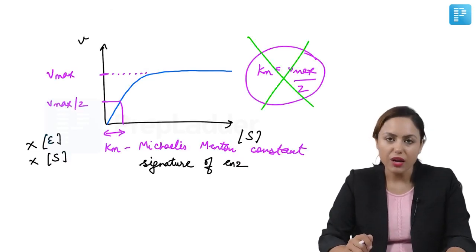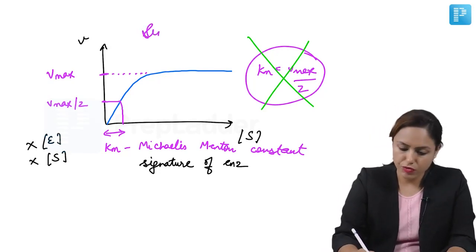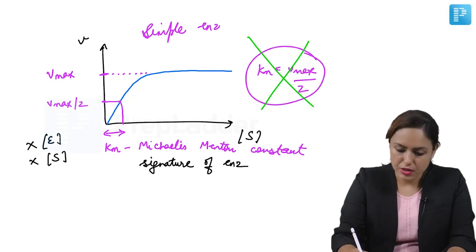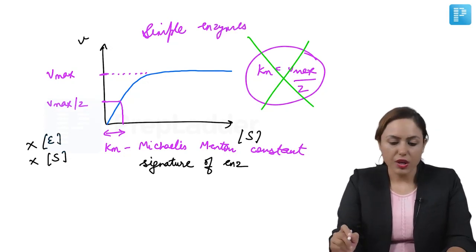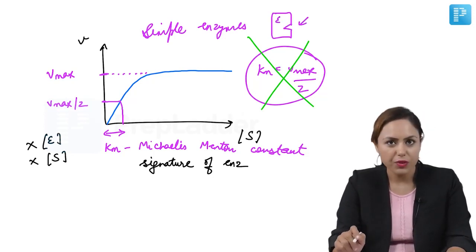So this rectangular hyperbola graph is between velocity and substrate concentration for simple enzymes. Simple enzymes are those enzymes which have only one active site. So this is enzyme, this is active site of enzyme, right?